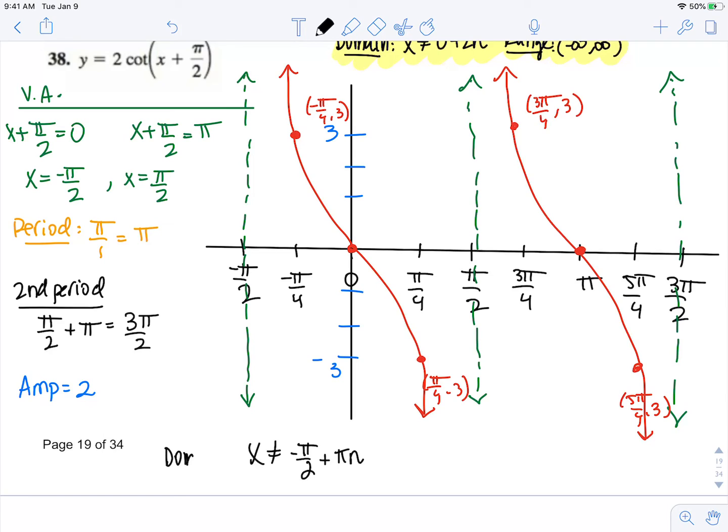That's domain. And range, we can see from our graph, goes all the way down from negative infinity up to infinity. So seeing the domain as being what x cannot equal is easier for tangent and cotangent.